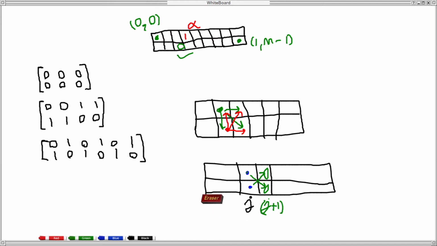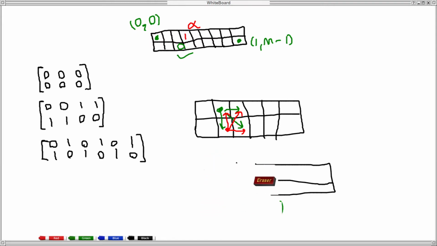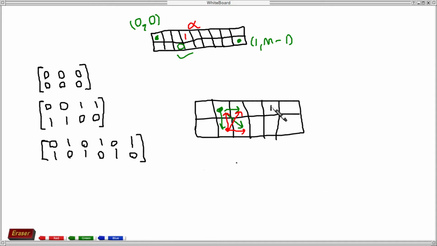Now let's say both of the values of the j plus 1th column are 1.